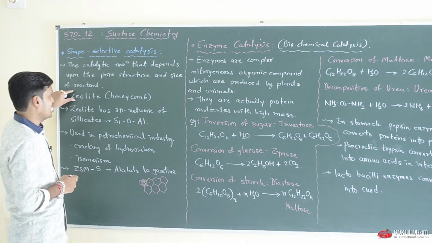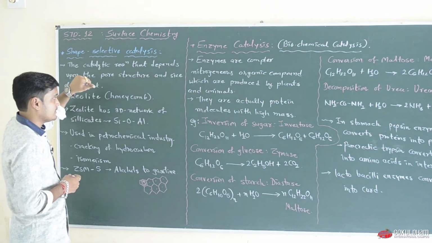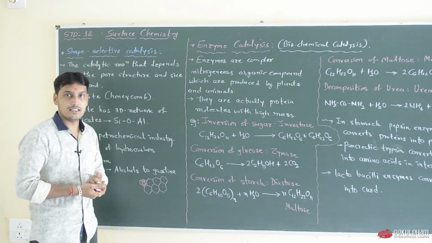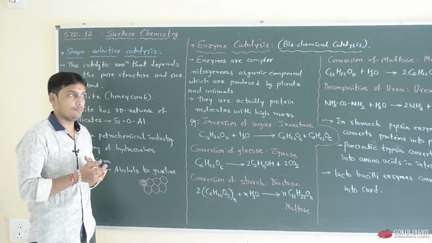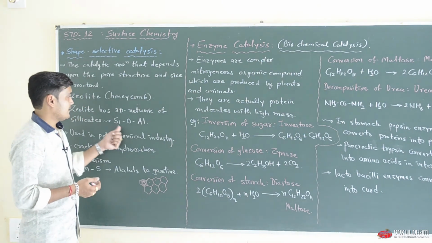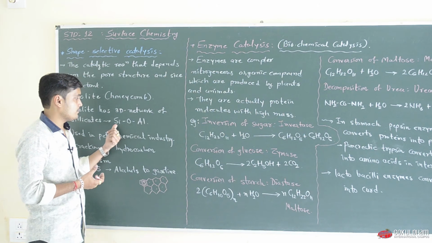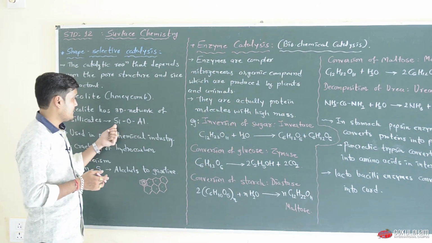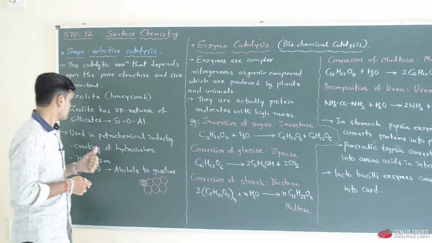So zeolite contains honeycomb-like structures, and zeolite has a three-dimensional structure of silicates, and these silicate complexes are made when aluminium replaces some silicon atoms. At that time these aluminosilicate complexes are made.